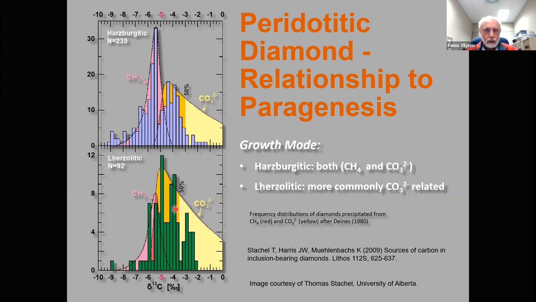And if we look at the lherzolitic diamonds in more detail, we can model that maybe a smaller population of lherzolitic diamonds crystallize from methane, while a more enhanced population of lherzolitic diamonds crystallize probably from carbonates in melts or fluids. Now, that's not necessarily the whole story.